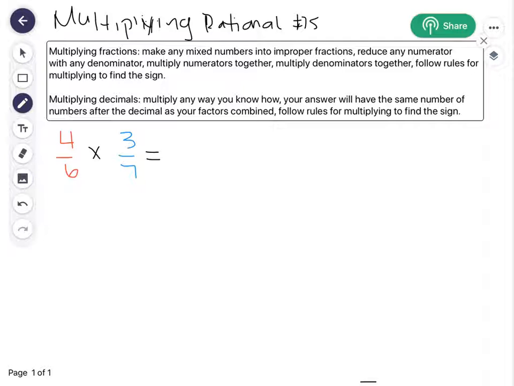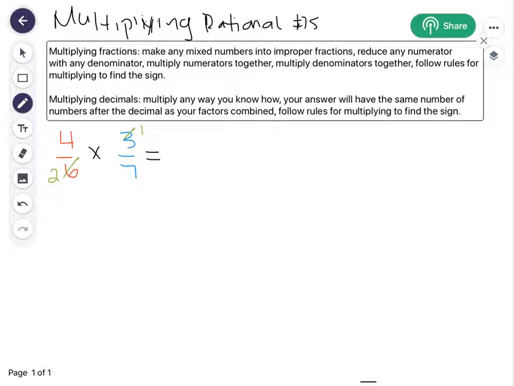So if you're watching, you should notice that 6 and 3 have a common factor, and that is 3. So we're going to cross them out, and then we're going to divide each of them by 3. So 3 divided by 3 is 1, and 6 divided by 3 is 2.